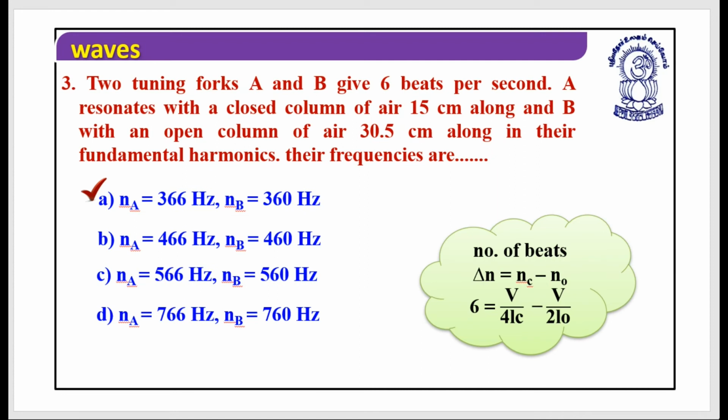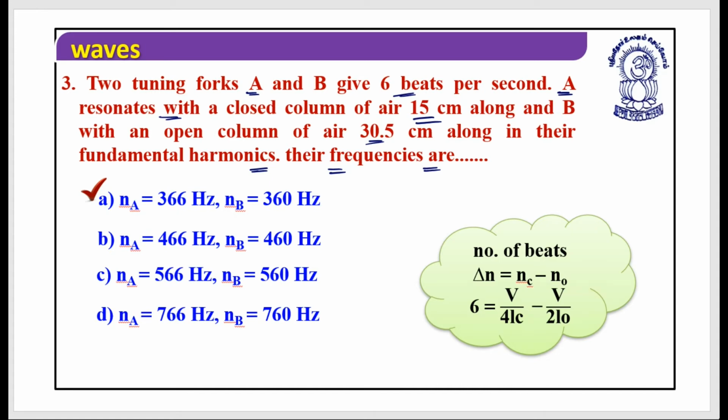They said that two tuning forks A and B give 6 beats per second and resonate with a closed column of air which is 15 centimeters long, and B with an open column of air which is 30.5 centimeters long, in their fundamental harmonics, and we need to find their frequencies.